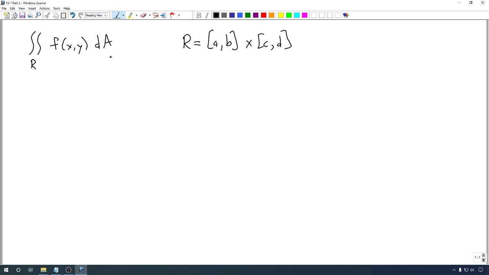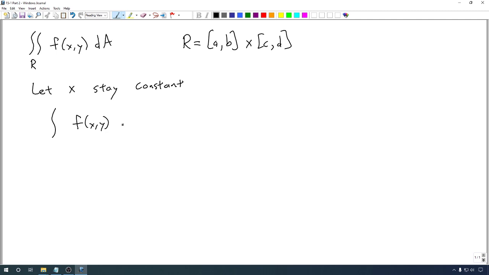Let's imagine that we want to do what we did with partial derivatives and keep one of the variables constant. Let's say let x stay constant. Then we could say integrate our function over y, and just imagine x is just a number that's in there.